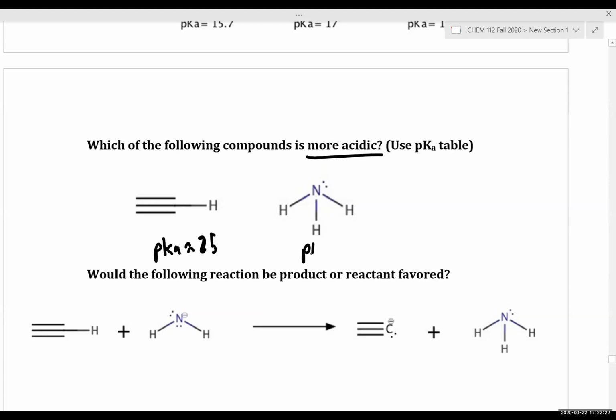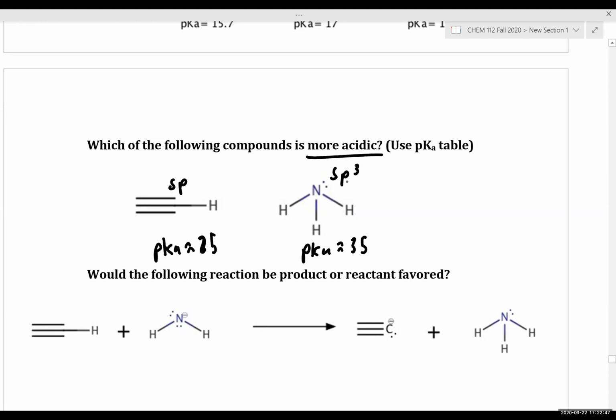An amine, what is the pKa of an amine from our table? Roughly 35.